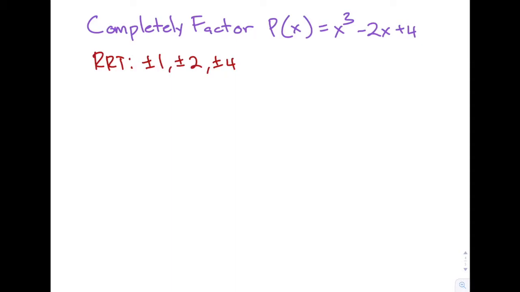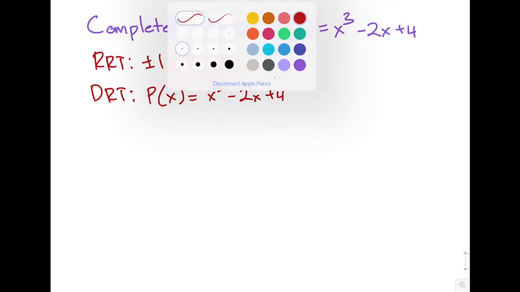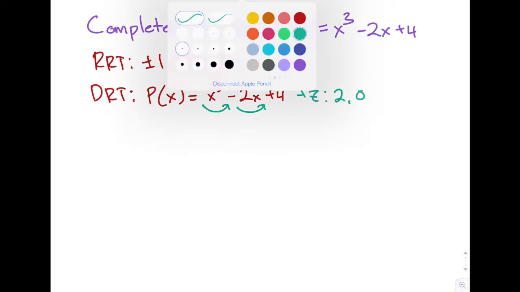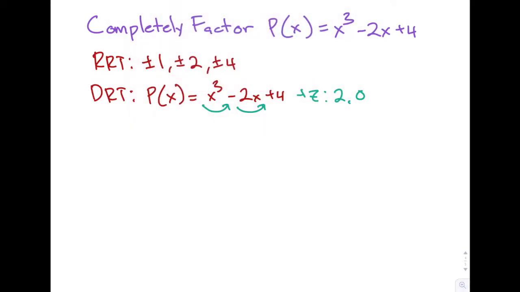Now, if we use Descartes' rule of signs, this is interesting because it will tie neatly into where we're going with this. We start with p of x equals x cubed minus 2x plus 4, and we have two sign changes, which says that we have 2 or 0 positive real zeros. I think when you remember complex numbers, some of these definitions take on a slightly new meaning.